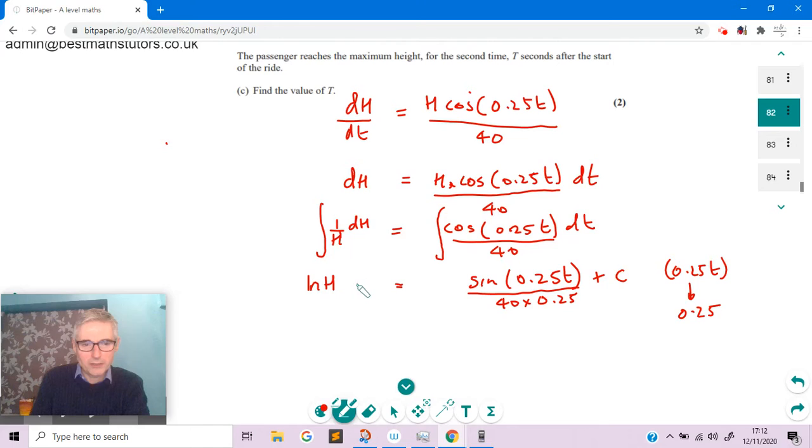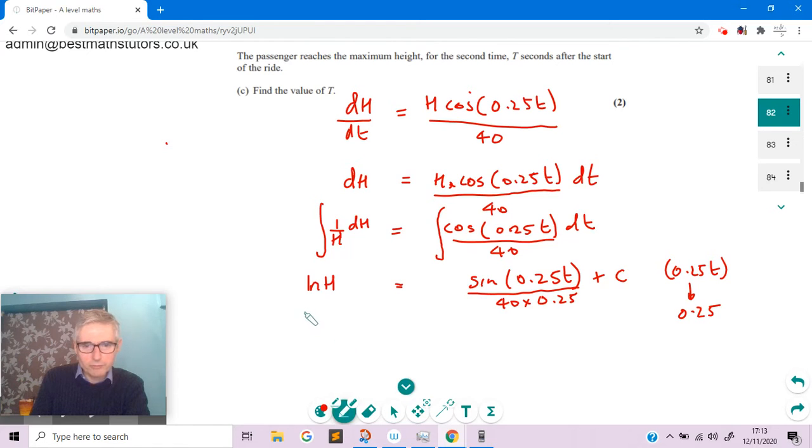If I'd added a constant on the left-hand side as well, with a different letter, I could just take it away from both sides and be left with a constant anyway. That's why I only need to write it on one side.